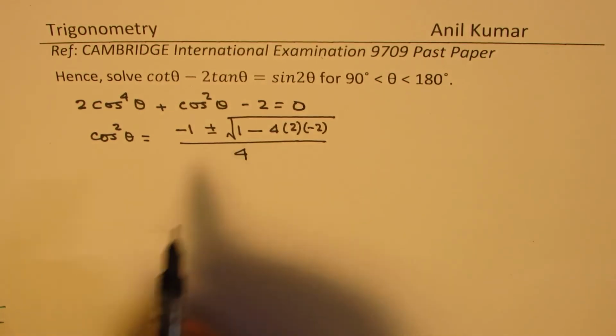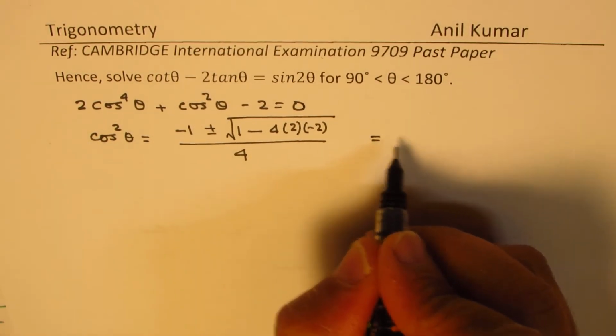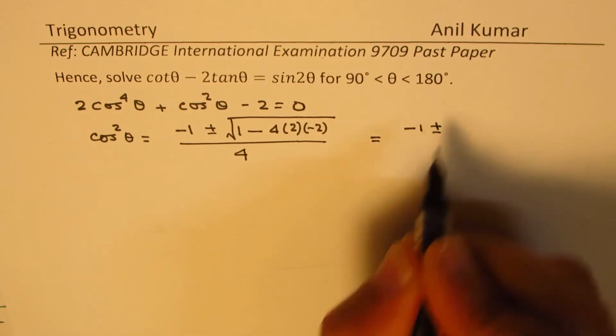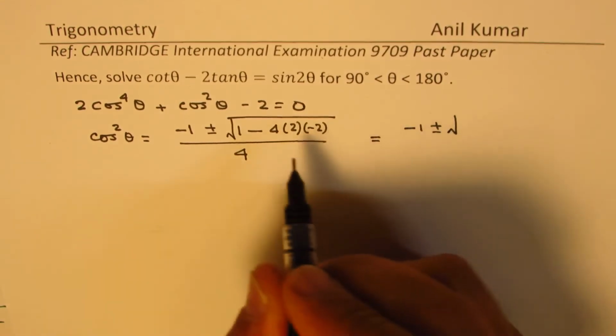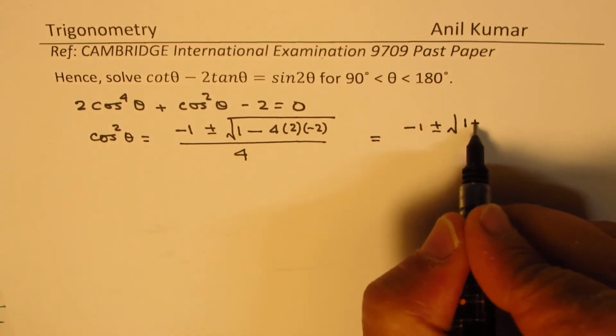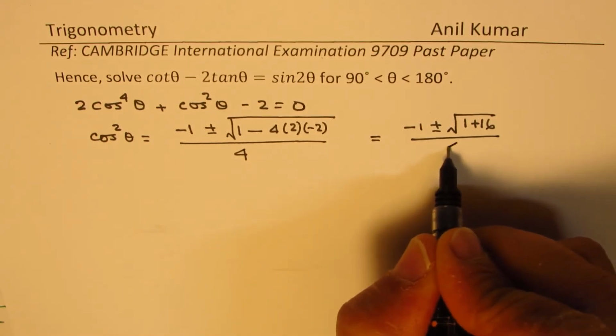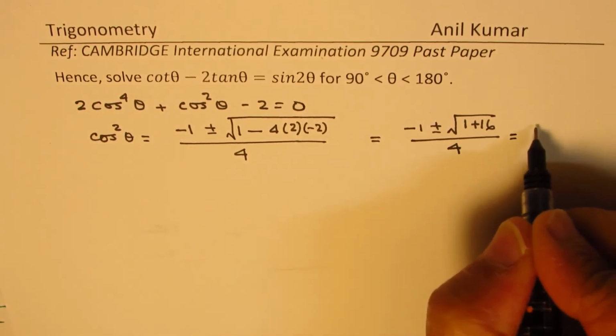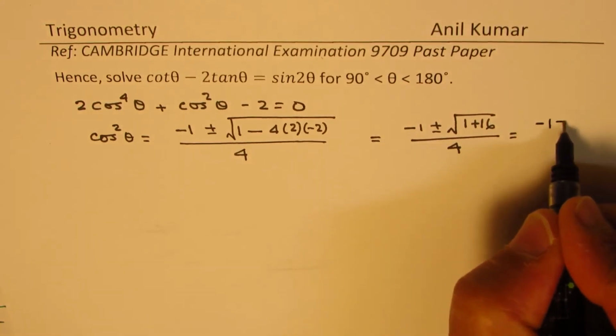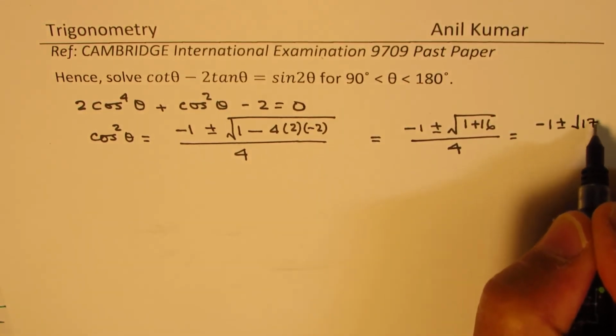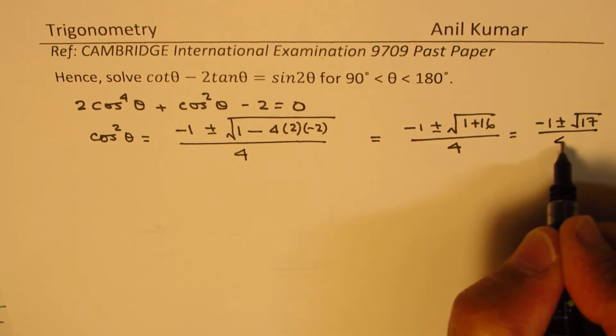So that becomes equal to minus 1 plus or minus the square root of 1 plus 16 over 4, or can be written as minus 1 plus or minus square root of 17 over 4. Correct?